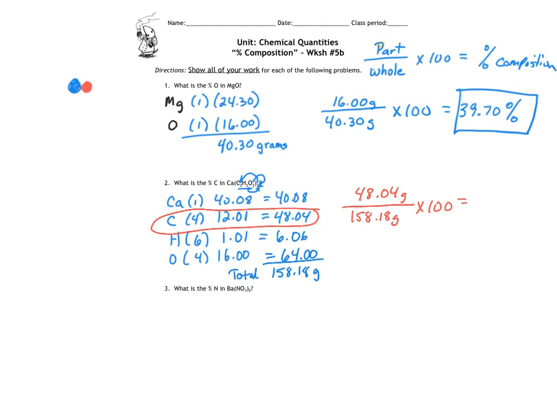So 48.04 divided by 158.18 equals, times 100. That's going to give you a percentage of 30.37. And again, I'm going to use 4 significant figures because that was the lowest one in my numbers, and that's going to be percent of carbon.